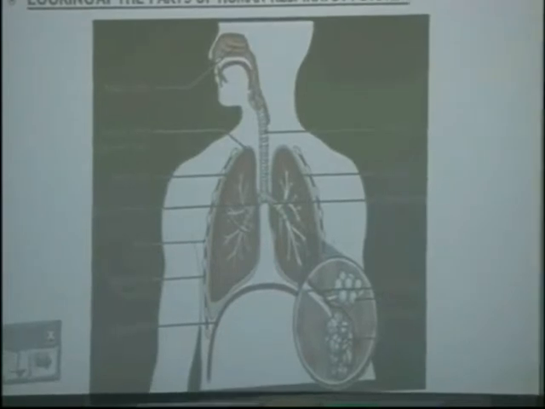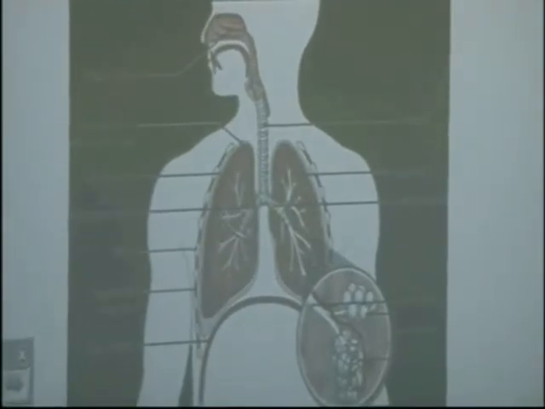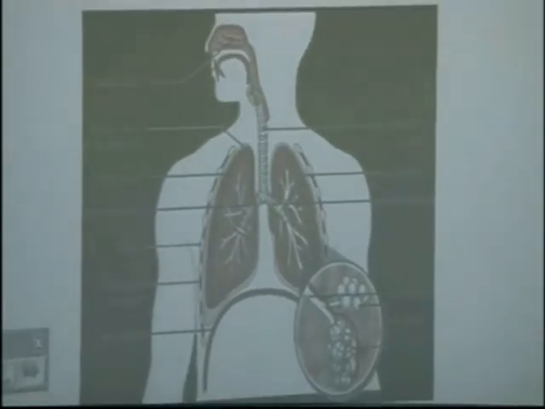Then, from the trachea, it goes into the lungs, where it branches through the bronchioles and other structures there. But let me quickly remind us the actual exchange of gases takes place in the alveoli. We can see the alveoli there.